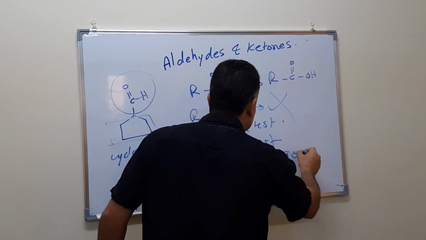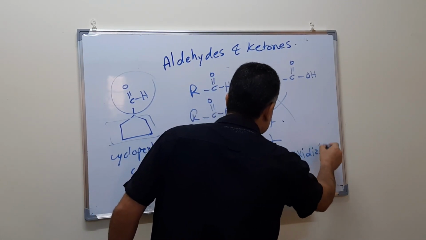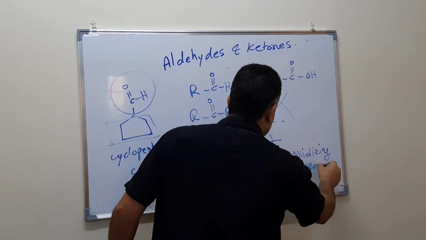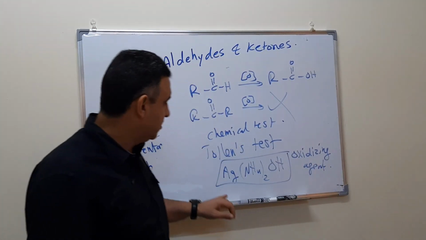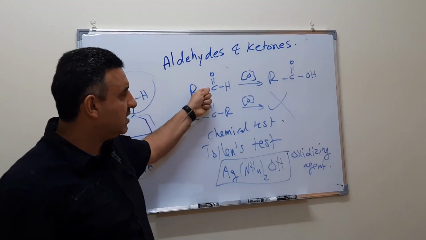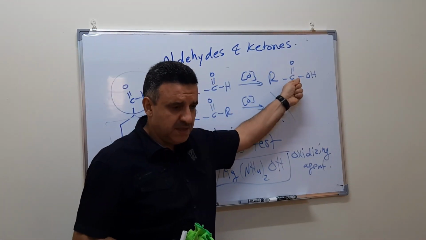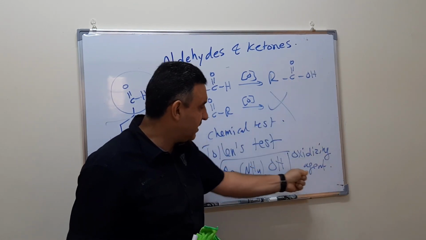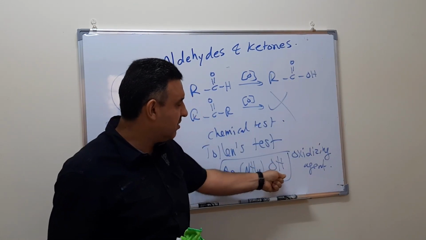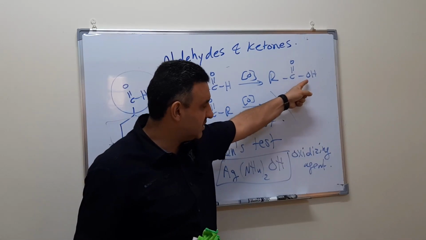This is an oxidizing agent. When we allow this Tollens reagent to react with the aldehyde, it will be oxidized to the corresponding carboxylic acid, and of course, under basic conditions, that will be carboxylate.